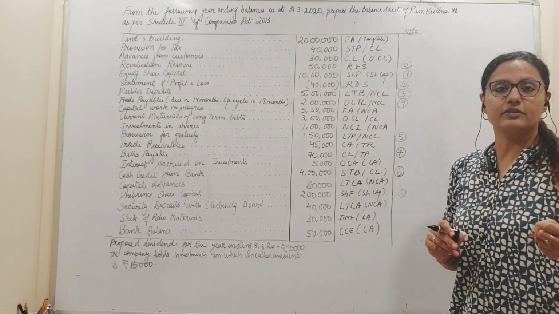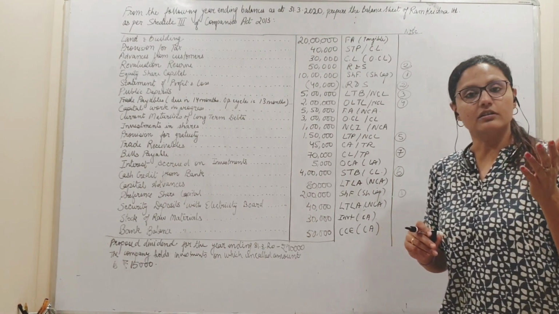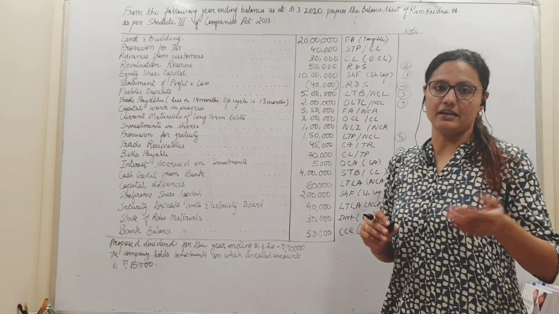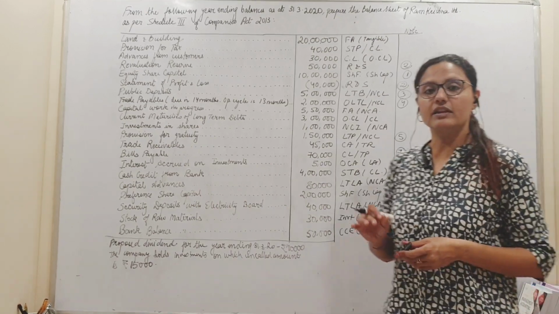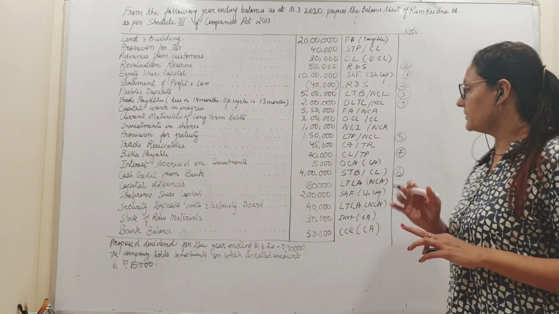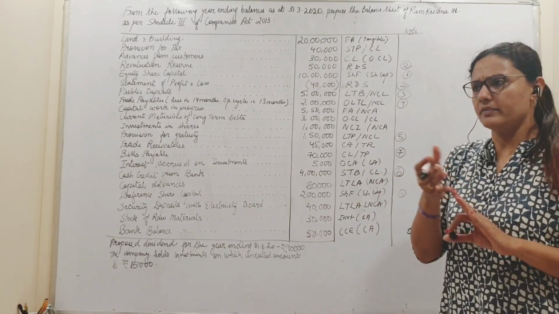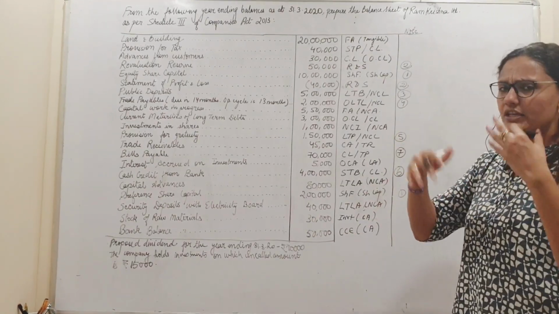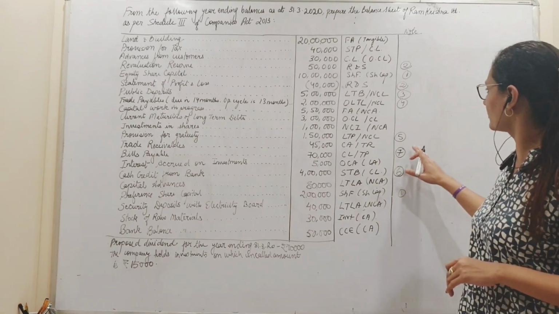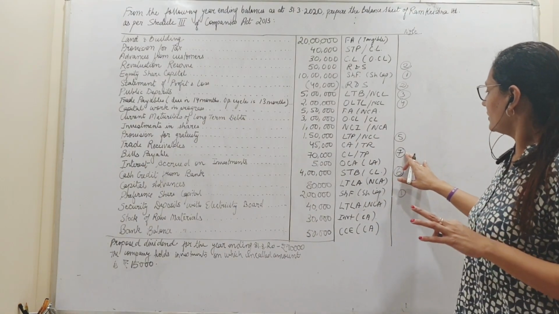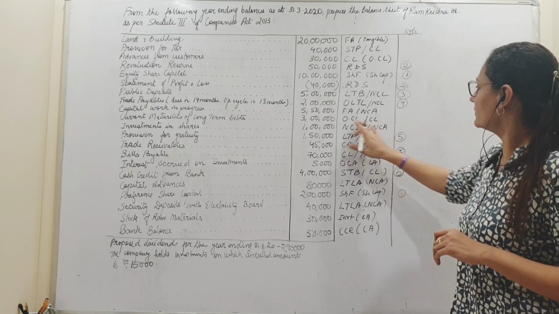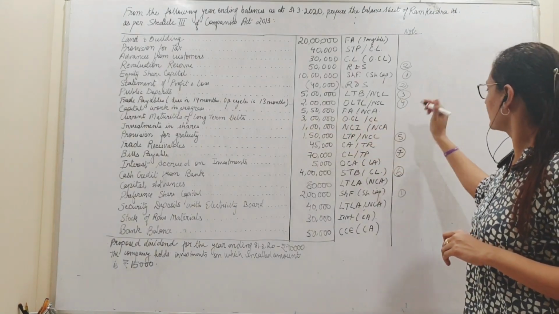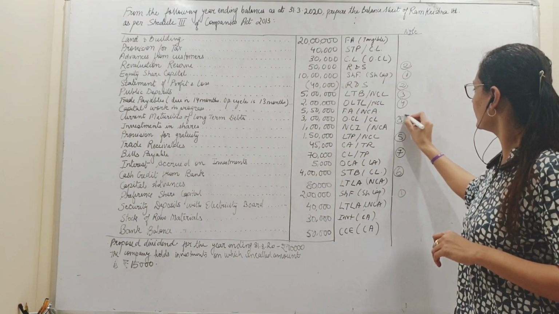Number 8. We also have short-term provisions and other current liabilities, right? So here we will have to make other current liabilities at the end, or maybe you can make it before also. We can interchange the subheadings, that is not a problem. So then we have other current liabilities. Here we have current maturities of long term. So note number 8 for that.